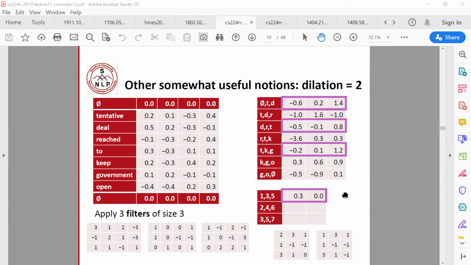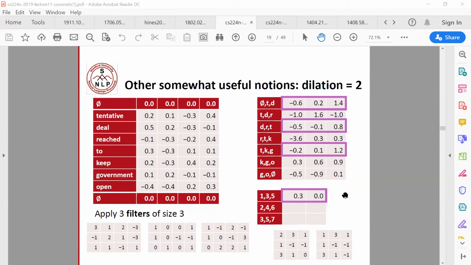Combining the two requires that you are able to combine the higher level context with the lower level details, and the higher level contexts are usually obtained through these dilated convolutions.